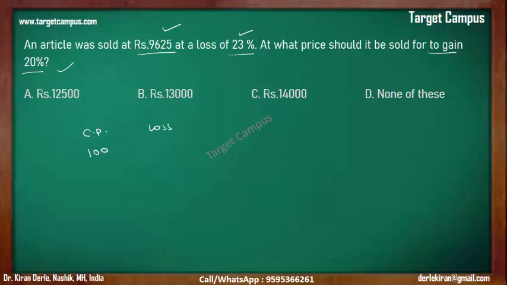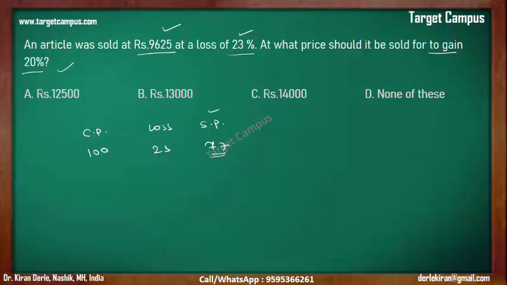So the loss amount is 23, and the selling price must be 100 minus 23, that is 77, because there was a loss, so it was sold for less than cost price. So the actual selling price is 77, because it was sold at 23% loss. At what price should it be sold to gain 20%?